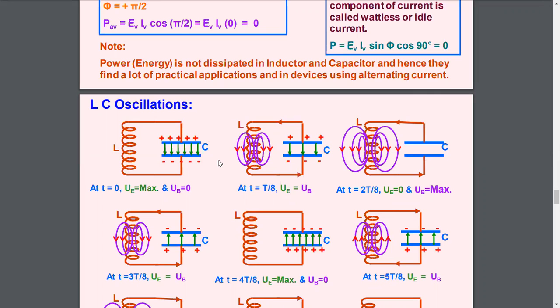The energy stored across a capacitor is electrical in nature, and this energy is transformed into magnetic energy when it reaches the inductor. When the capacitor discharges completely, the inductor stores almost all the energy, and then this energy is again discharged to the capacitor in the form of electrical energy. So electrical energy and magnetic energy keep on oscillating, and such oscillation is called LC oscillation.